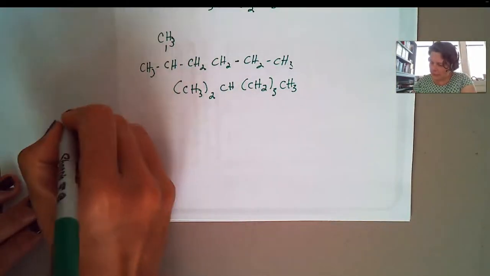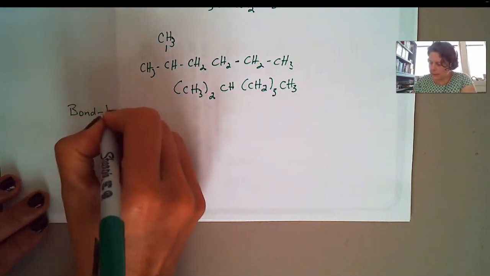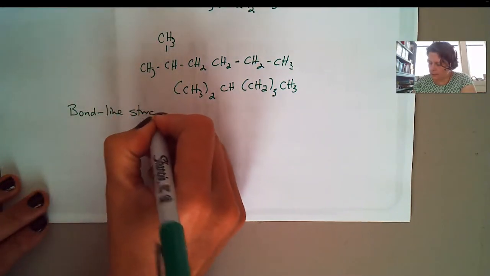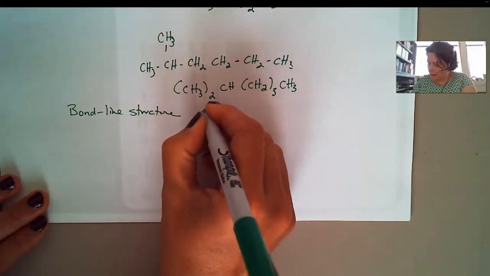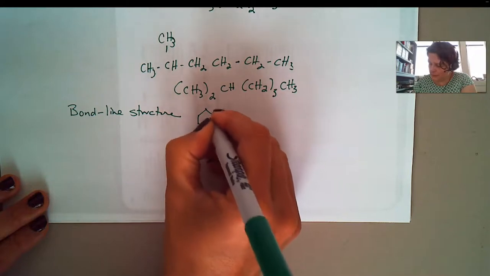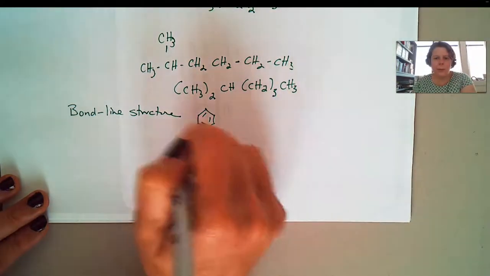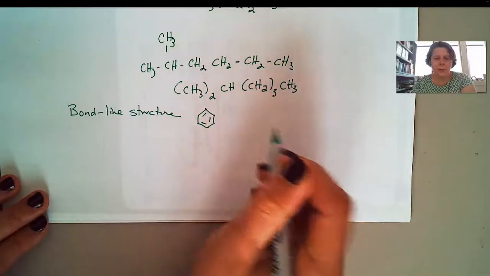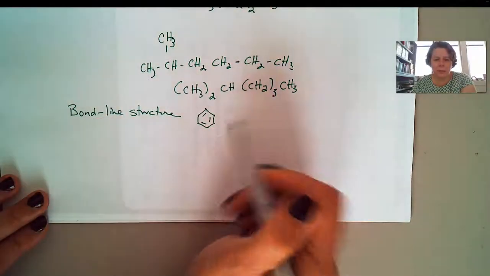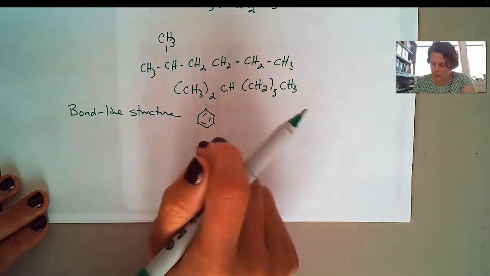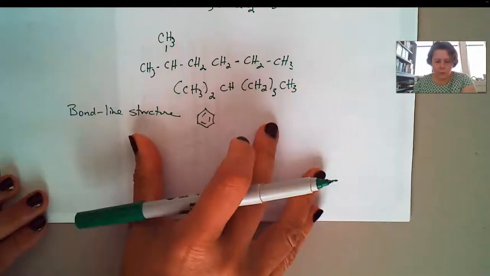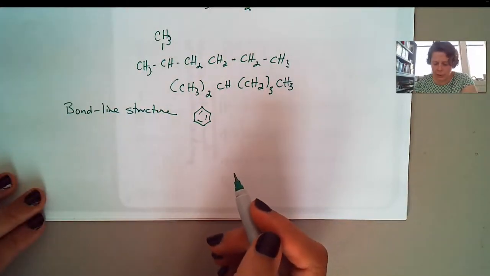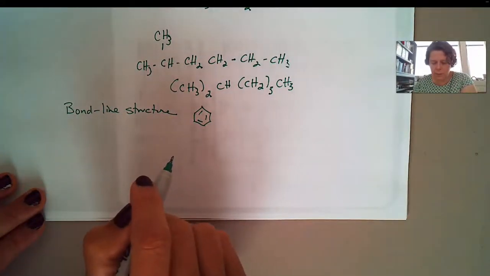The other thing that you can do is what's called the bond line structure. That's where I've been drawing something like this, where I don't represent all the hydrogens, I'm just showing the double and single bonds and the number of carbons in there. What are some of the rules for the bond line structure? First of all, the carbon atoms are not shown unless needed for special emphasis or clarity.